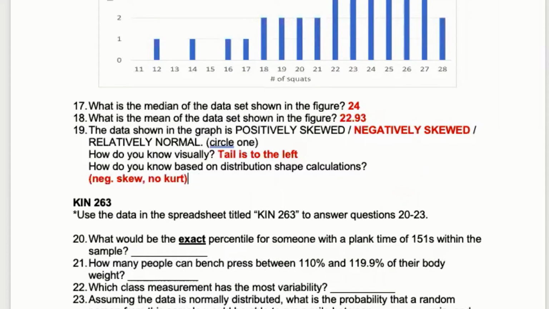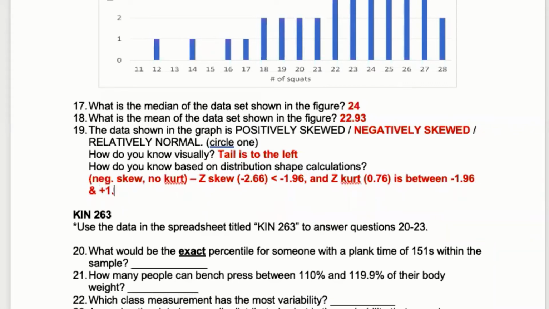I know this because z-skew, which I calculated as negative 2.66, that value is less than negative 1.96. And z-curt, which I calculated as 0.76, is between negative 1.96 and positive 1.96.